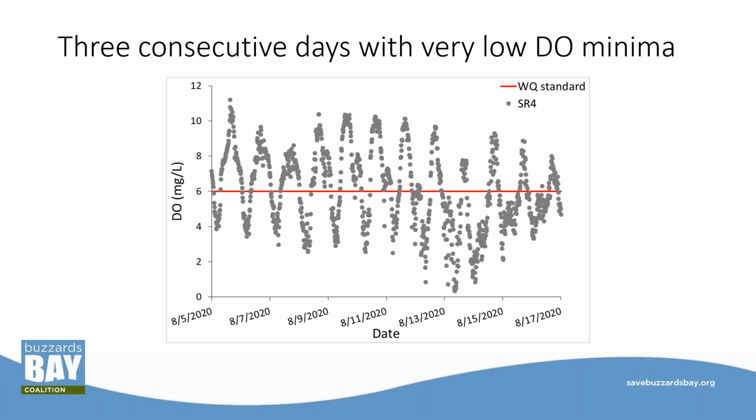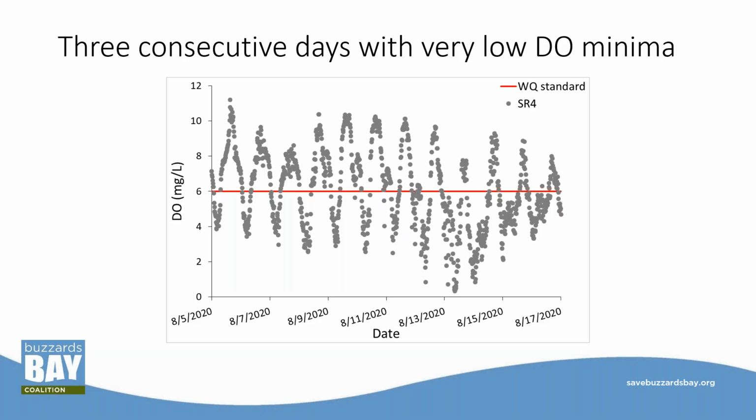It's these extreme lows that can drive fish kills, odors, species shifts. It's really where the concern is. We're concerned whenever it falls low at all, but these extreme lows are really important data to capture and to understand that the system is periodically experiencing.